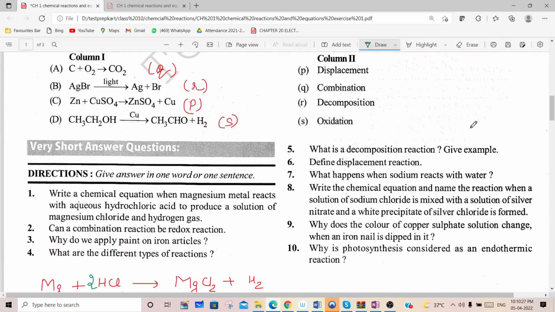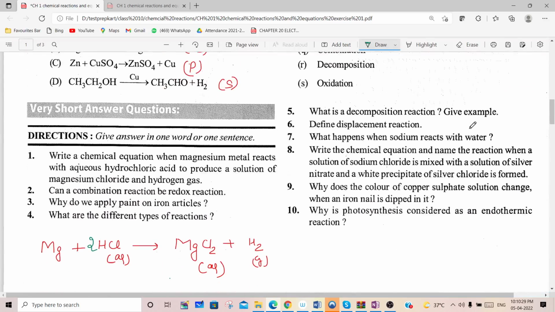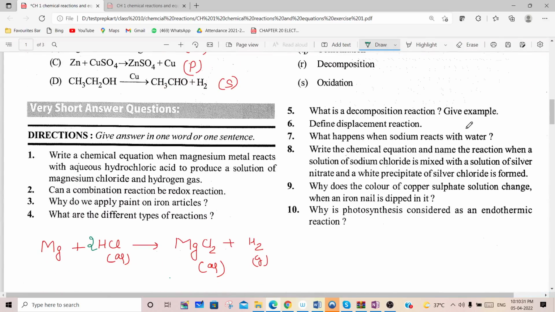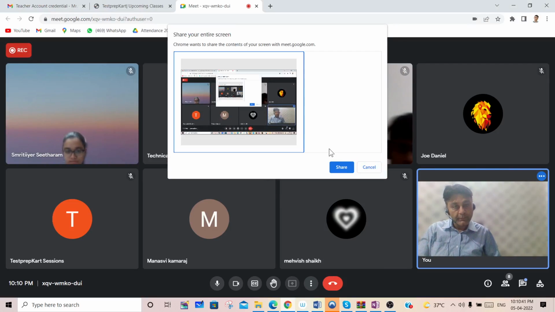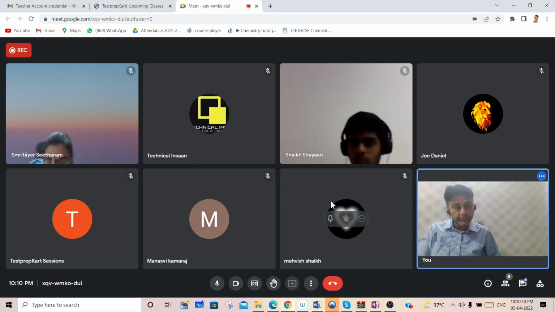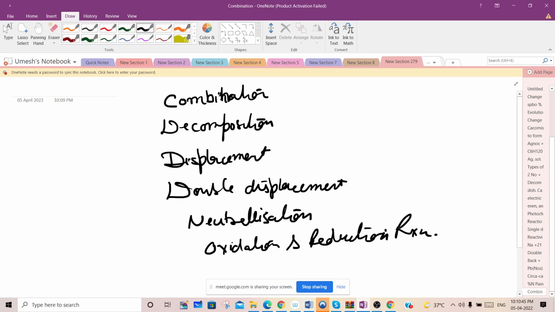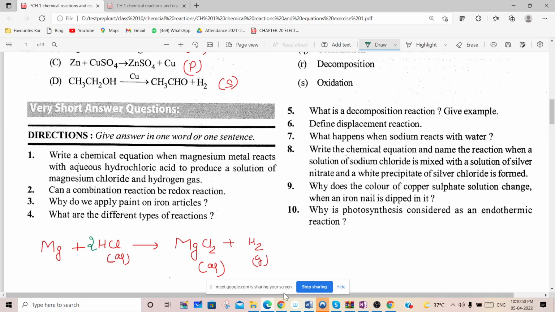Forward. Okay, what is decomposition reaction? Give example. So your presentation is not seen. No, wait. Okay, now visible?